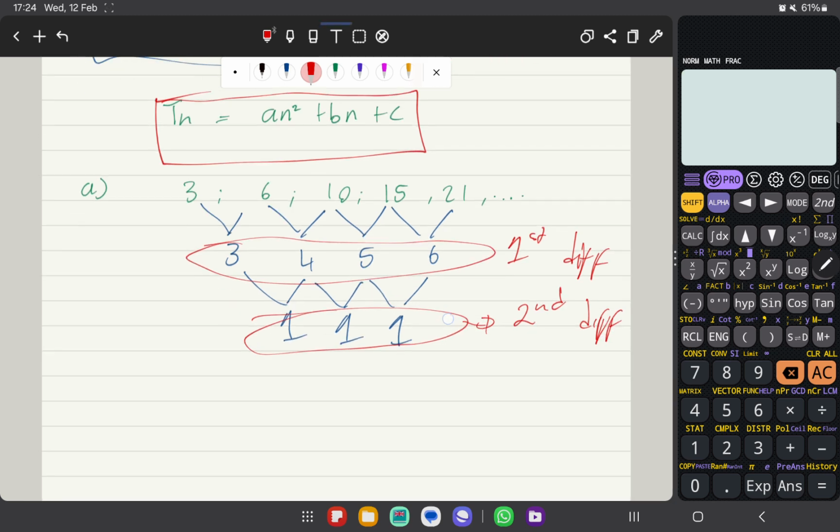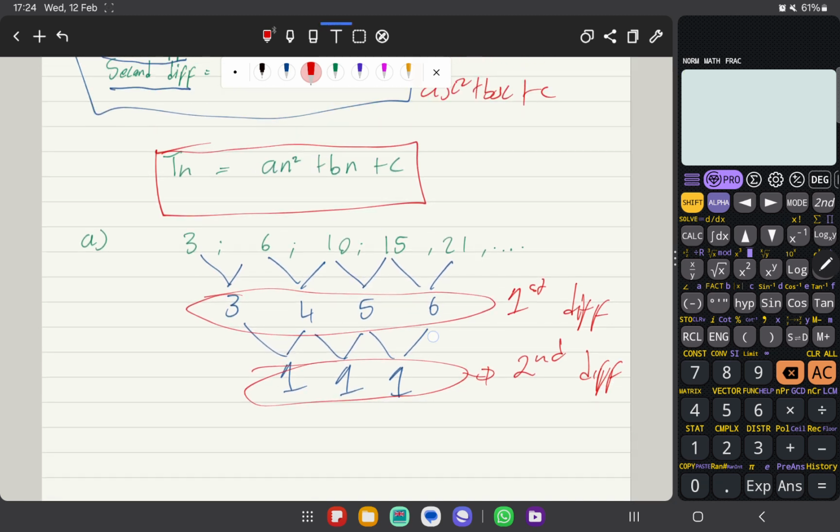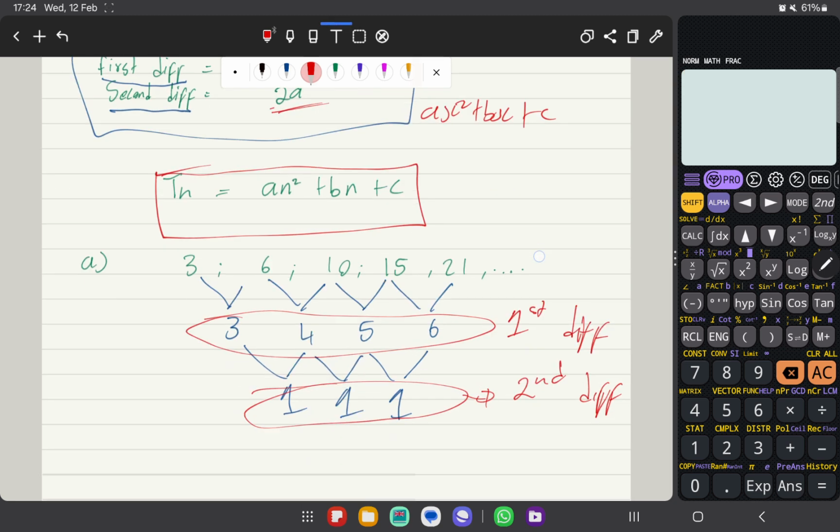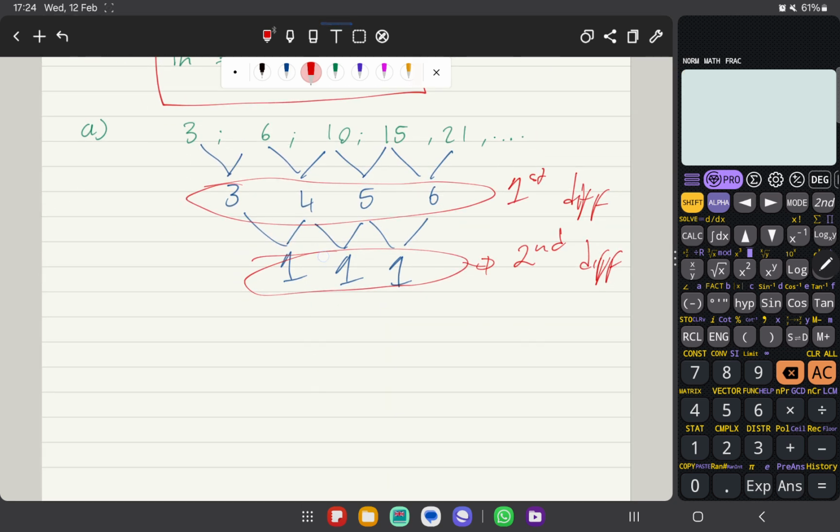So now we look at the second difference. The second difference equals 2a. So we say 2a equals 1, and therefore a equals 1 over 2.